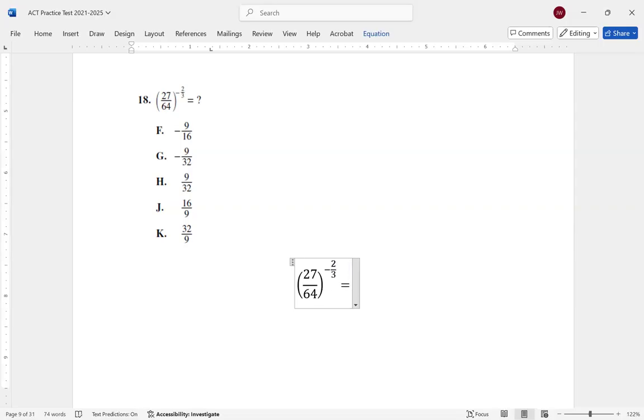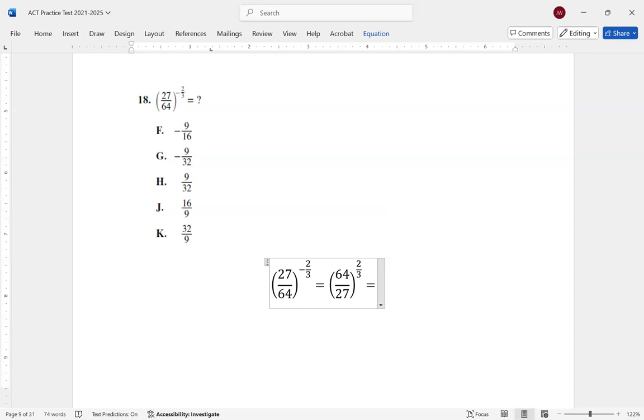First off, a negative exponent means the reciprocal of the fraction raised to the positive exponent. So 27 over 64 raised to the -2/3 is like 64 over 27 raised to the +2/3.